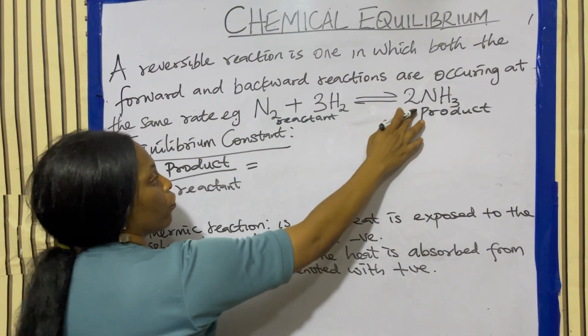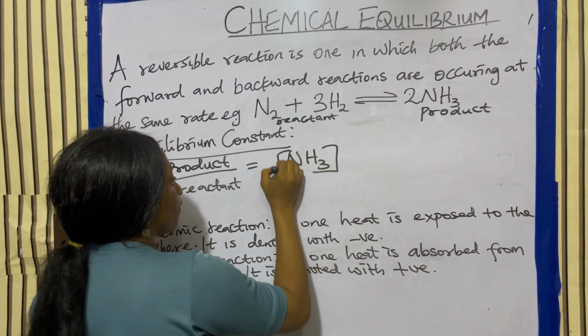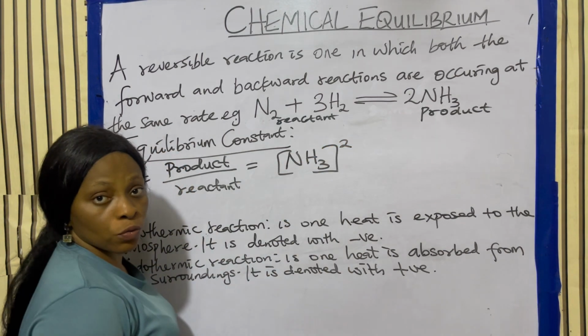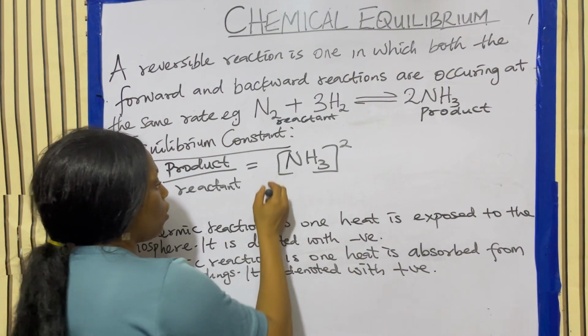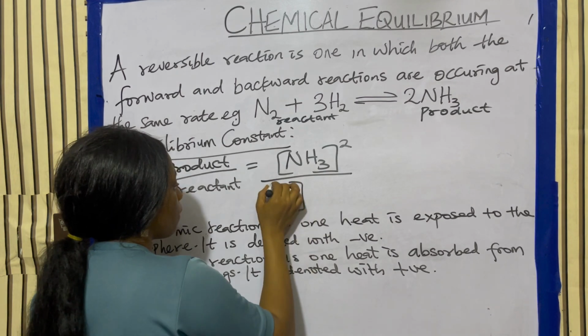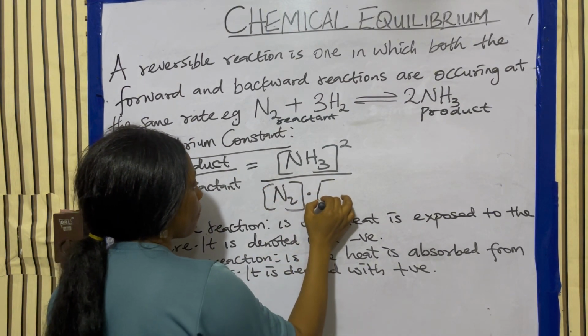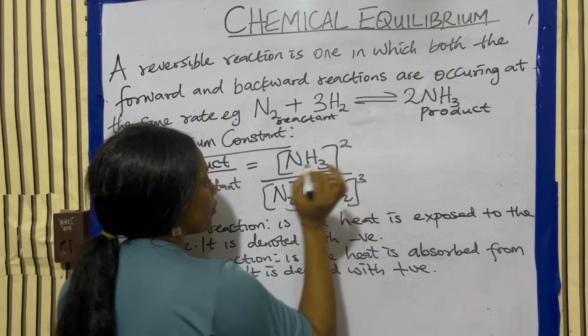Beginning with the product, you have NH3 raised to power 2. Now this 2 is talking about the moles. All over N2 multiplied by H2 raised to power 3.